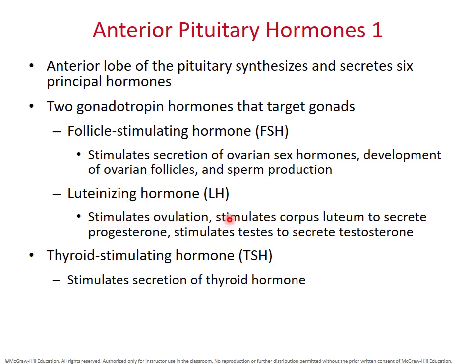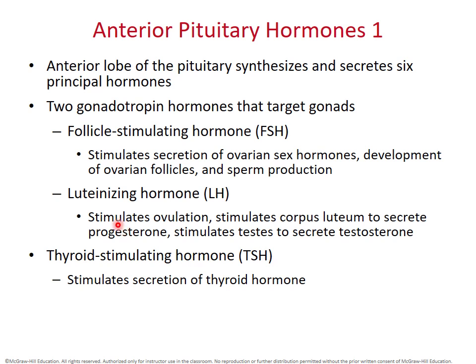And following ovulation, luteinizing hormone will stimulate the follicle that just ovulated an egg to turn into something called the corpus luteum, which is a body that secretes progesterone. Now, again, we're going to talk much more about this when we get to the female reproductive system, but essentially, by stimulating the creation of the corpus luteum, this is what maintains pregnancy. As long as the corpus luteum exists and is secreting progesterone, this will maintain pregnancy.